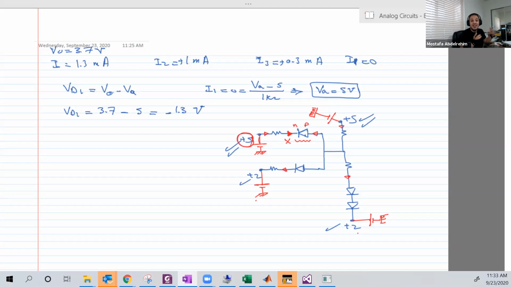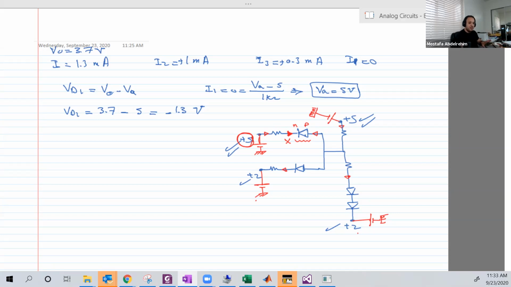And since it has a high value, it doesn't need to be charged from other batteries, right? So it's really a good guess in the beginning, but I didn't mention that because I intended to have an incorrect assumption to disprove it and have a correct assumption.